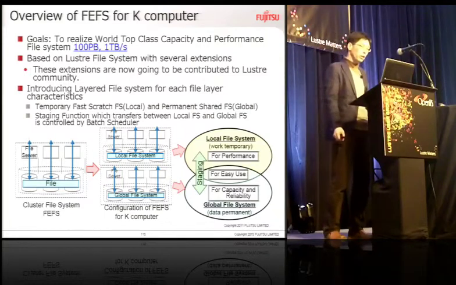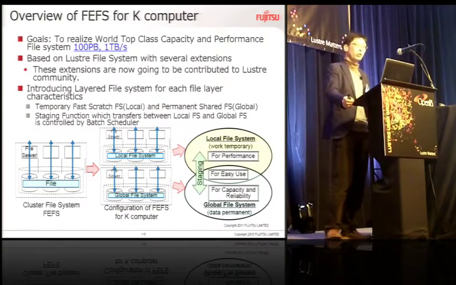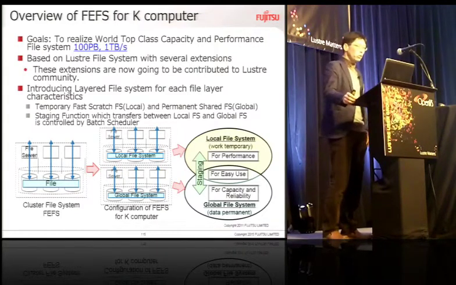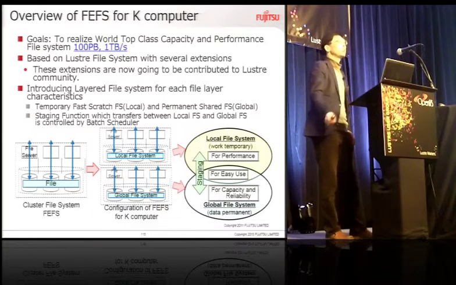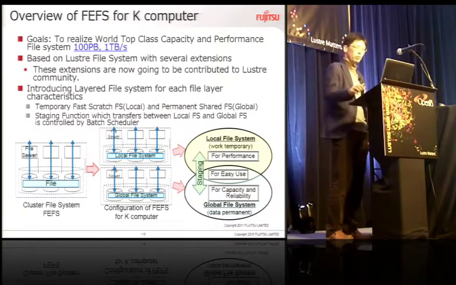One is a temporary, high-performance file system for local, and the permanent shared file system for global. By using the staging function, which transfers files between the local file system and the global file system, this is controlled by a batch scheduler.